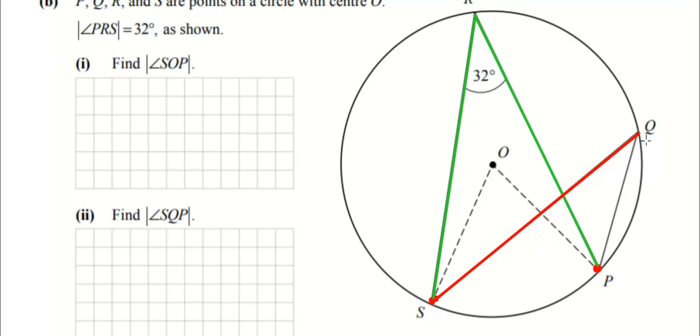So you can see that both angles are actually standing on the same arc. This means both angles are the same. So sorry, I'm actually looking at SQP there. SQP is 32 because they're standing on the same arc.